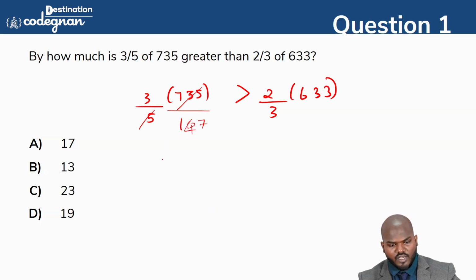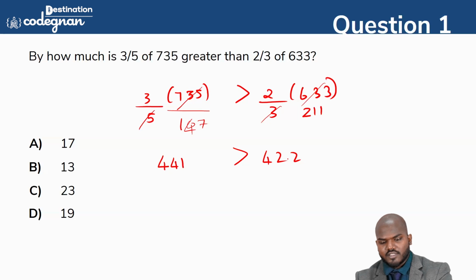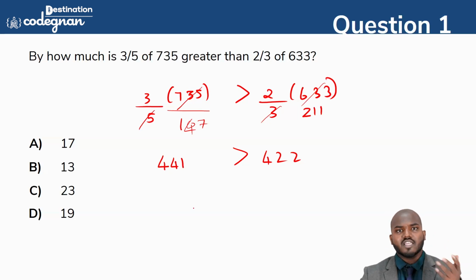If you multiply this, you will get 441. And on this side, 2 by 3, right? 633 by 3 gives 211. If you multiply, it will give the value 422 here. So probably they are asking just the difference: how much is the first value greater than the value you have in the second portion?